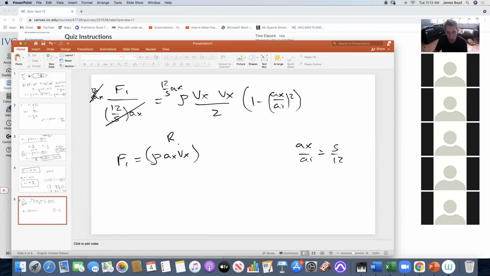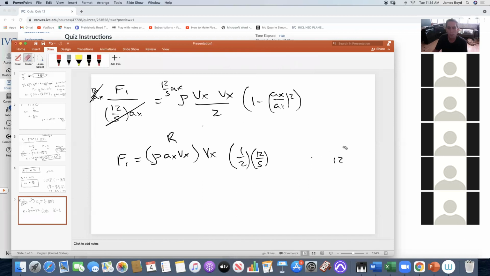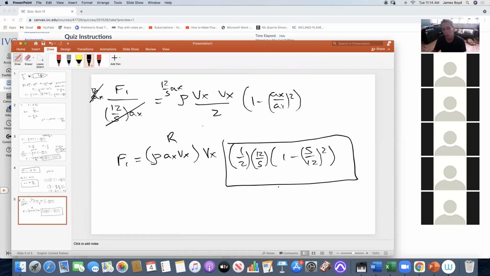But this is your mass flow rate times VX. So that accounted for that, times 1/2 times 12/5 times 1 minus 5/12 squared. And this whole term is 1. If you do it, it's 0.99.